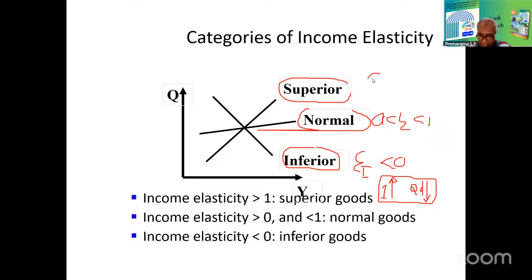And if income elasticity is greater than 1, we consider that good is superior.